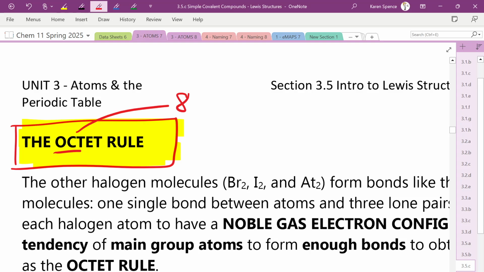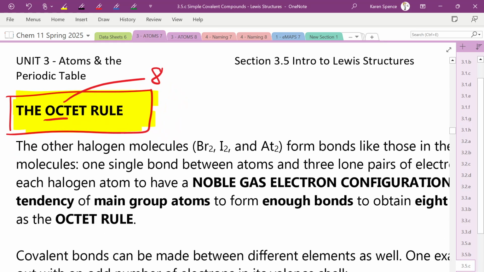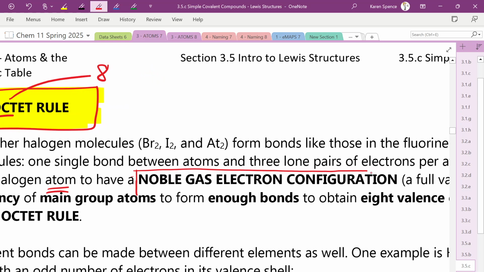It means 8. So basically what everybody is trying to do is every atom is trying to have a noble gas electron configuration. What is a configuration? A configuration is how the electrons are arranged.